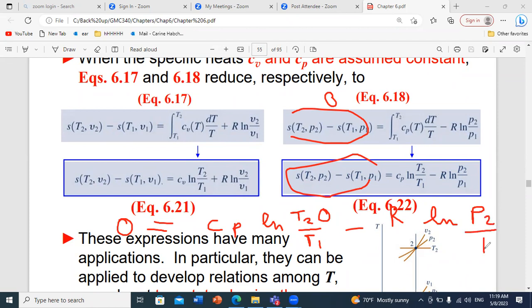Okay, so you can say that if I have an isentropic process, I can directly say that Cp ln(T2/T1) will be equal to R times ln(P2/P1).